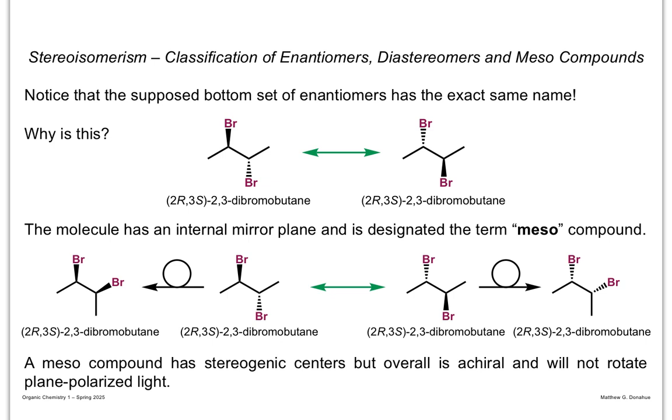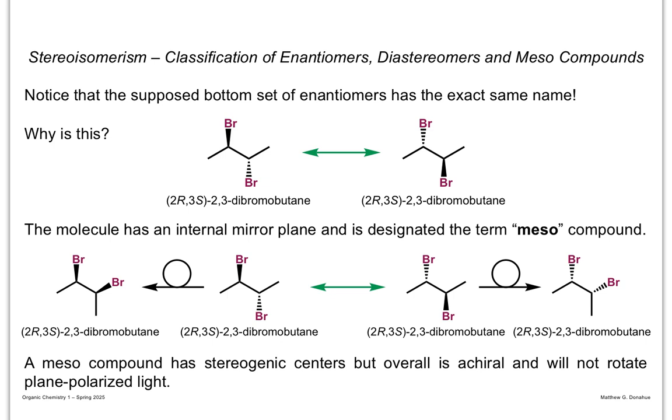What do you notice about the colored balls on each carbon atom? So hydrogens mirror, bromines mirror, and then the methyl groups mirror. So put it this way, within bisecting this carbon-carbon bond, there's a mirror plane.